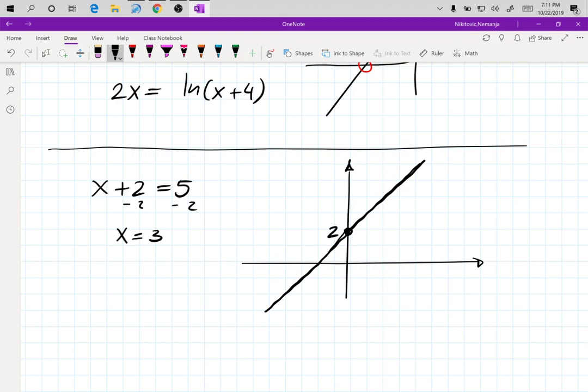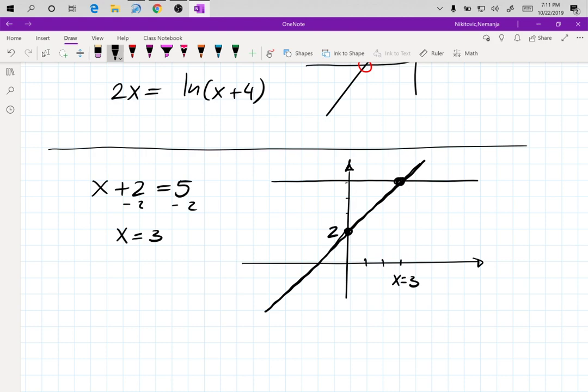On the right-hand side, I have a constant function 5. So 3, 4, 5. Where do they intersect? Magic. They intersect at x equals 3, right? I know, magic.